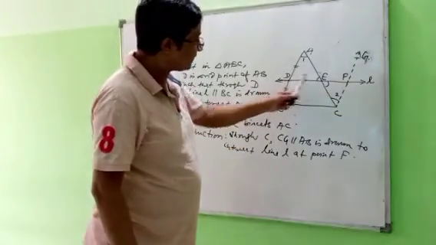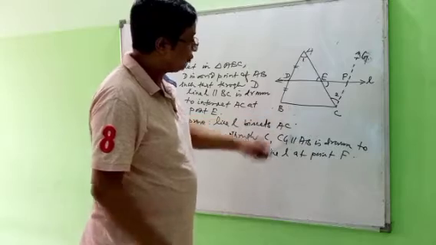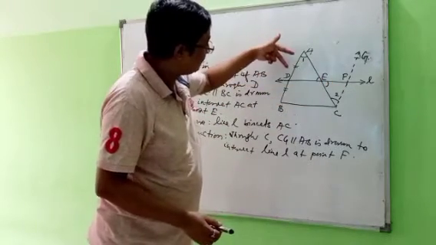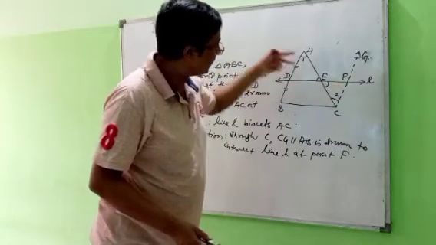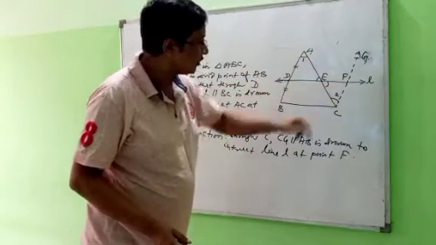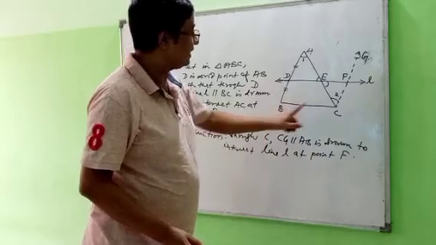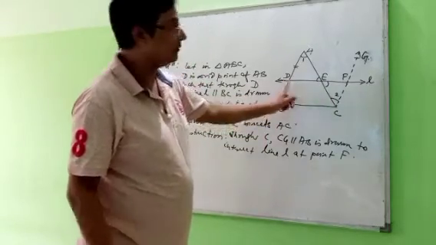By making this figure a parallelogram, you can show CF equals AD.